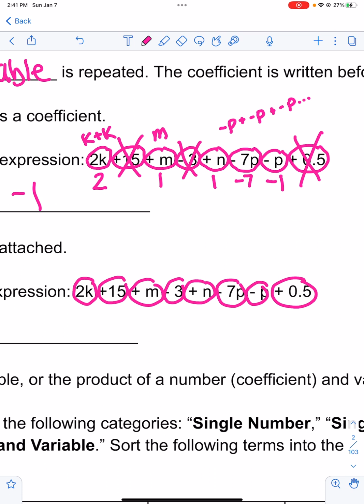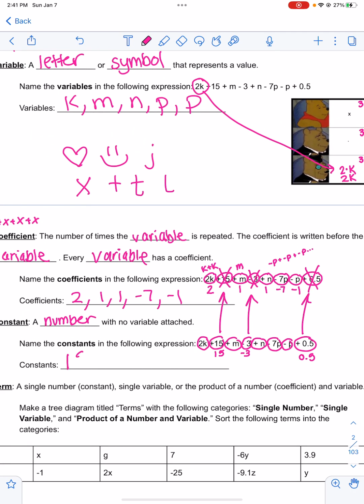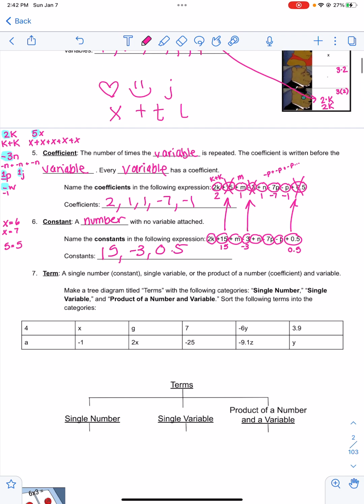All right, so I'm seeing 15, -3. You got to include that negative. And 0.5. It's actually the 3 that we crossed out in the previous problem. So 15, -3, and 0.5. Those are constants.